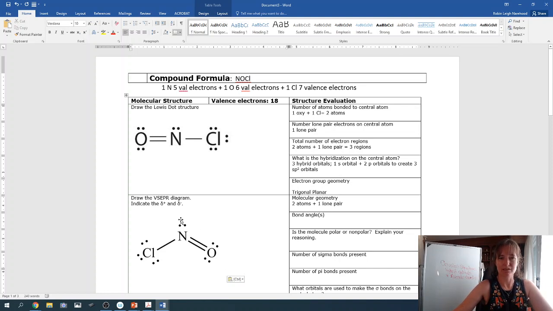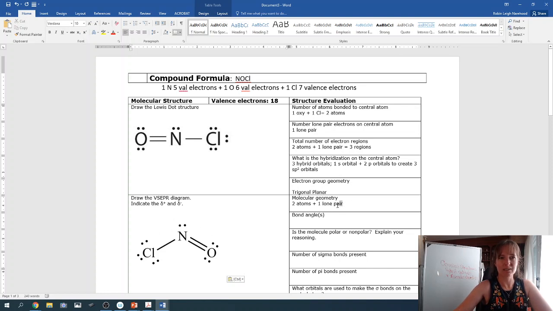You can't see it. So this is the trigonal planar shape. One of the orbitals goes out and bonds to oxygen, another orbital goes out and bonds to chlorine, and one orbital holds a lone pair.